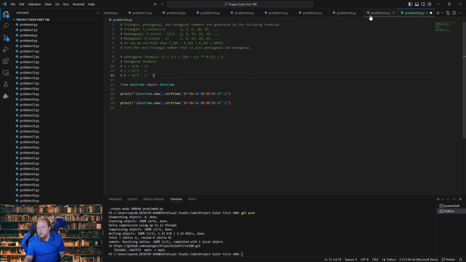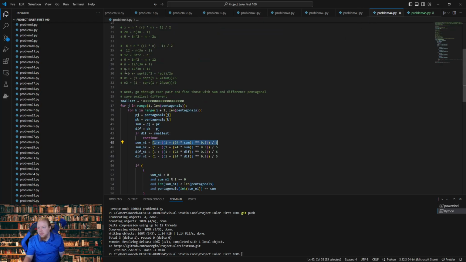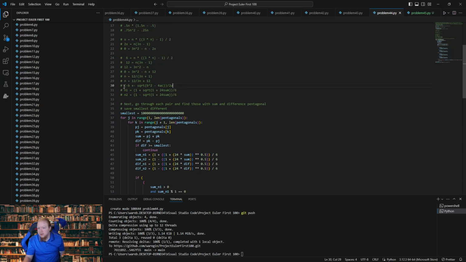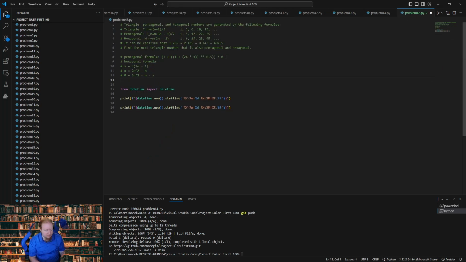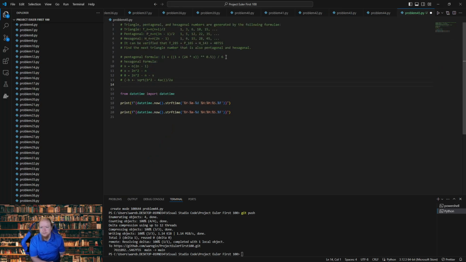Once again, we are going to convert using the quadratic formula, which I have here.